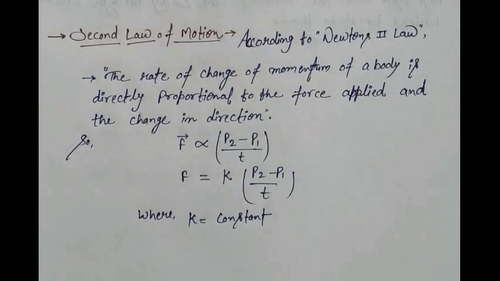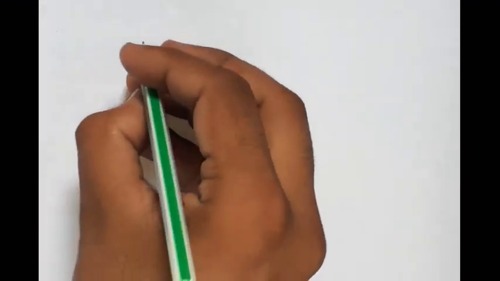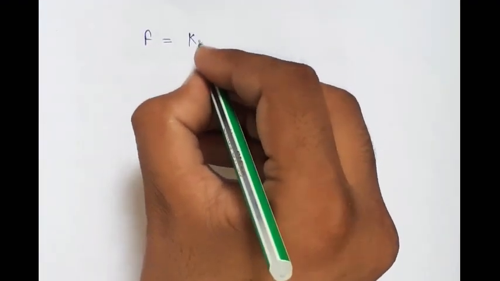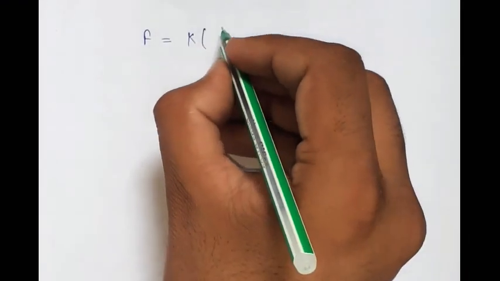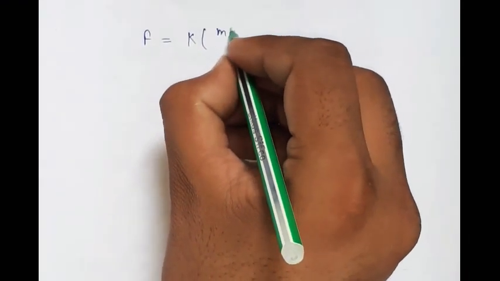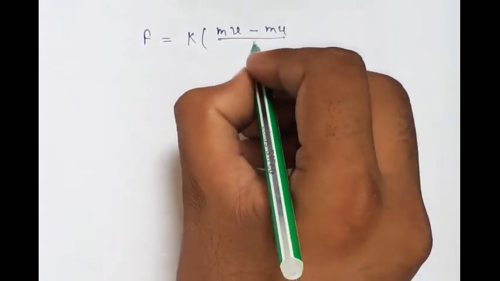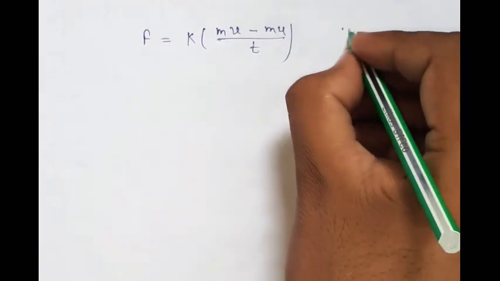Then we can also write it as F is equal to k multiply (mv minus mu) upon t, because p is equal to mv.